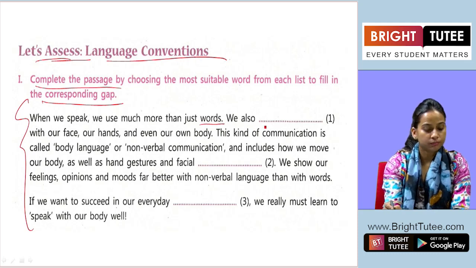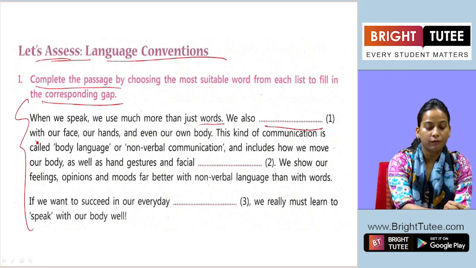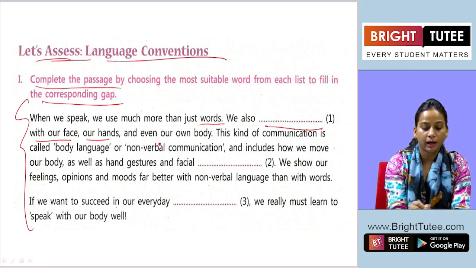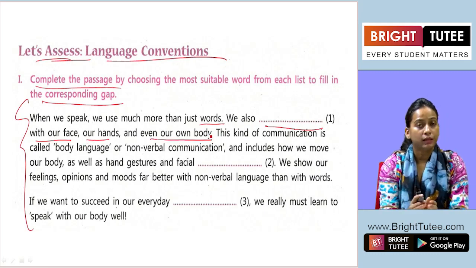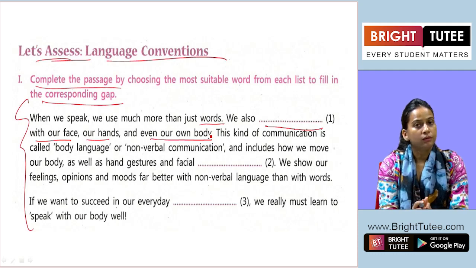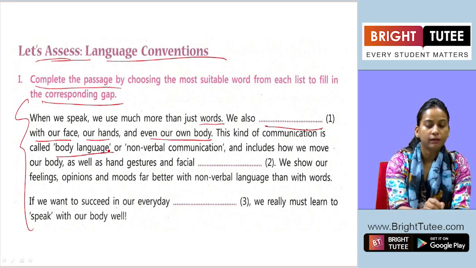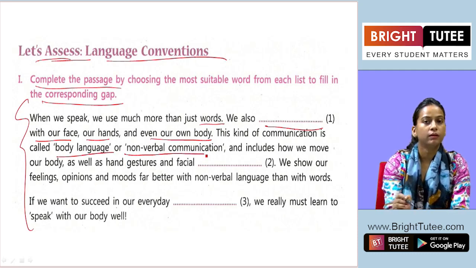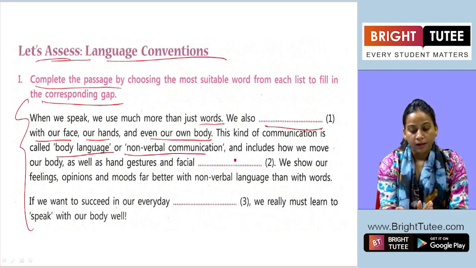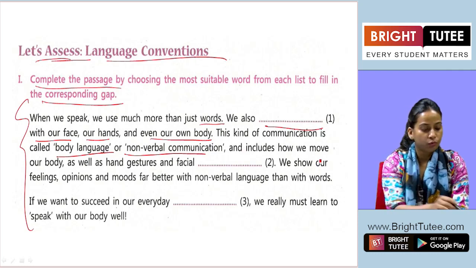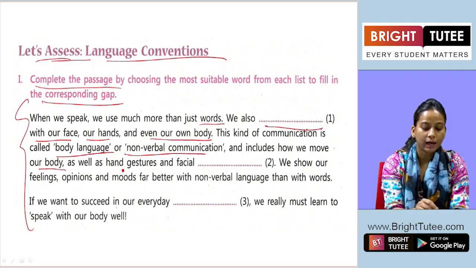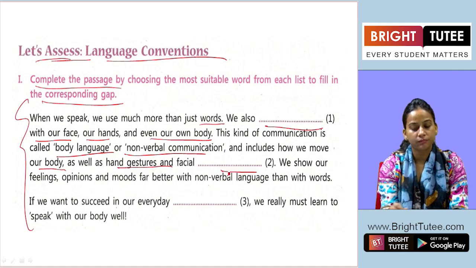We also, this blank we have to keep in mind, we also with our face, our hands and even our own body. This kind of communication is called body language or non-verbal communication, and includes how we move our body as well as hand gesture and facial. This is the second blank we need to focus on.